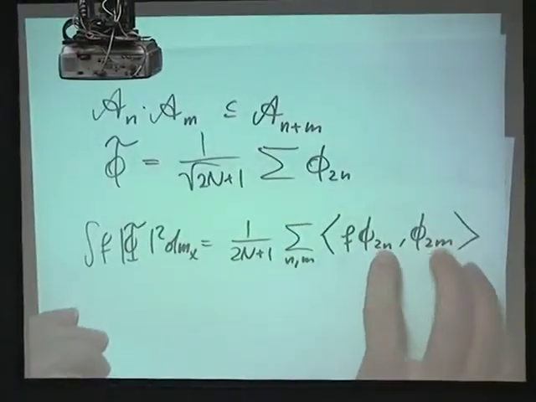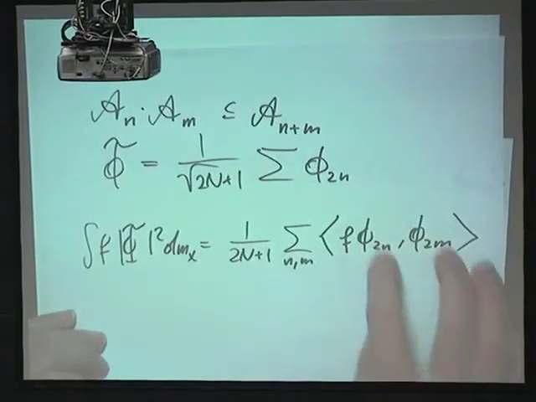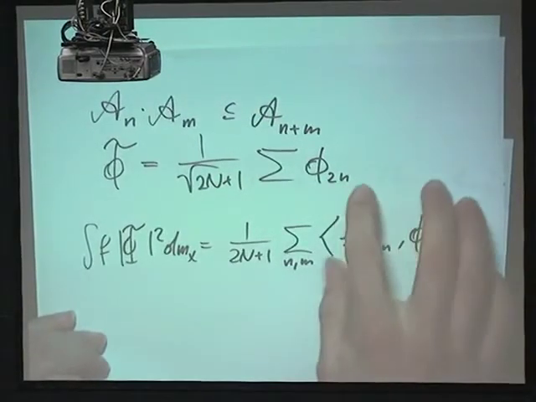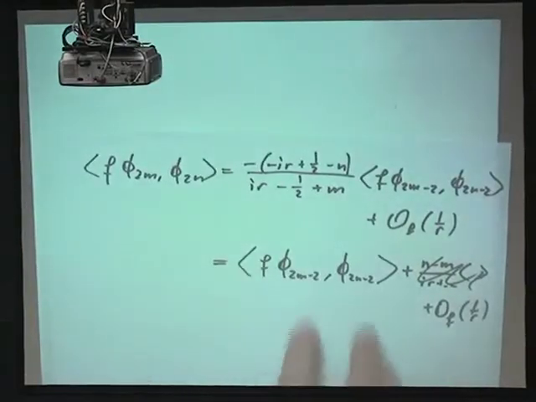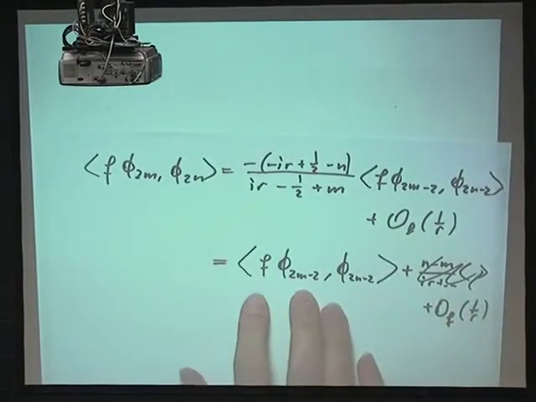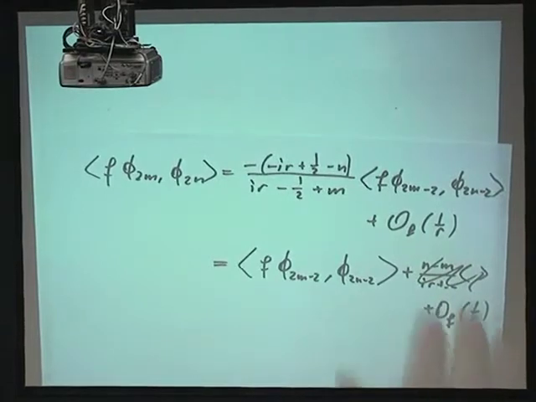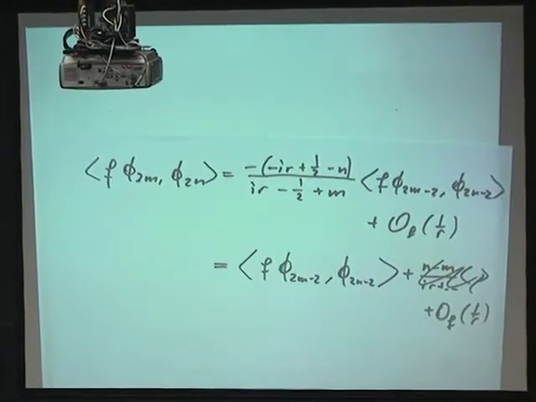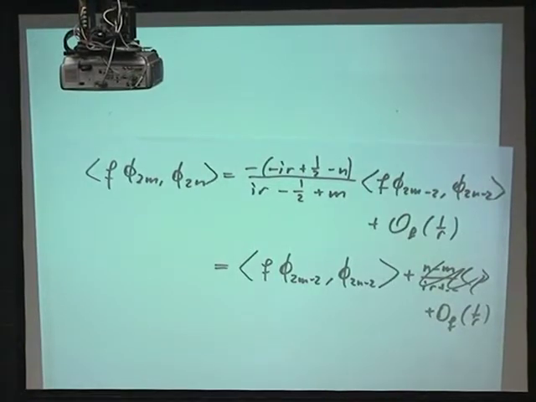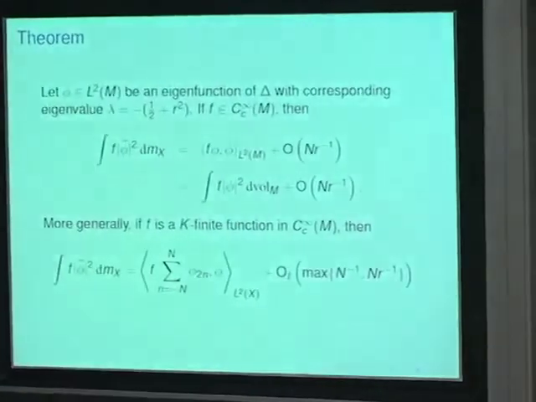If we change the indices here at the same time, we can make them both smaller by 2 up to an error. And we control how often we have to do that, and then we get this equation. Let me see whether I can say a bit more.